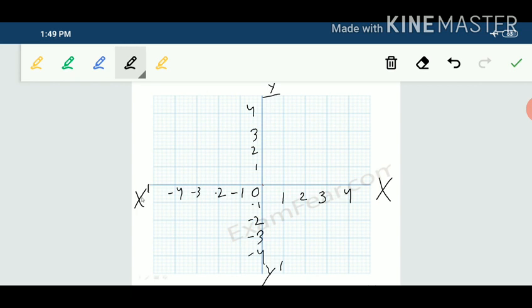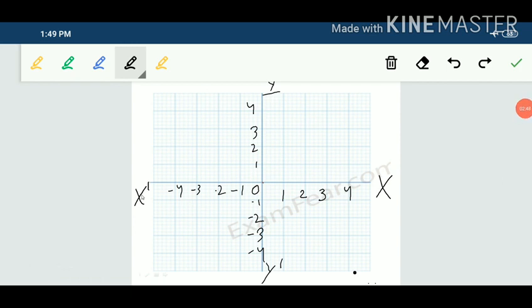Now we have to find the position of a point lying in these four quadrants. Take any point in any quadrant whose position you want to find. I'm taking a point in the first quadrant. We have to find the position of this point in this Cartesian plane.